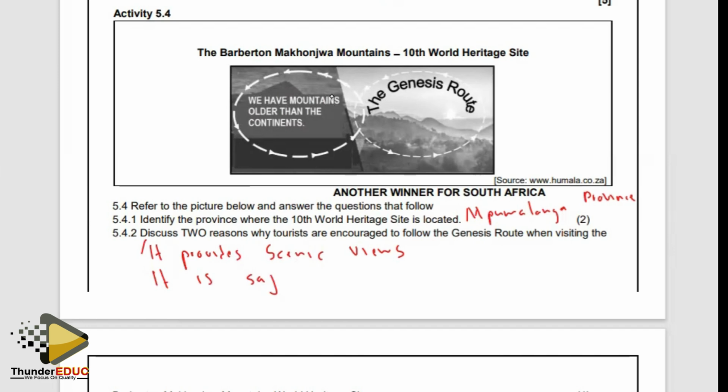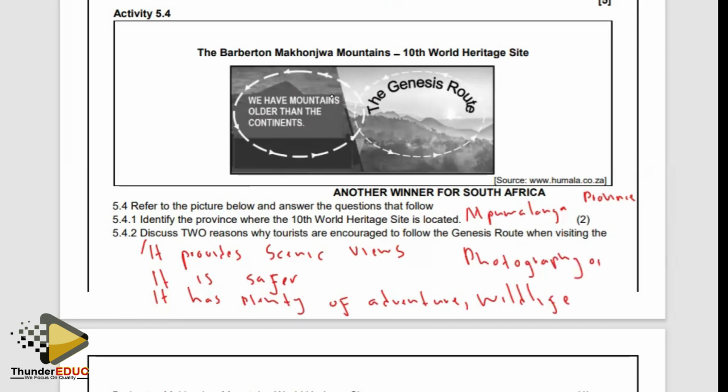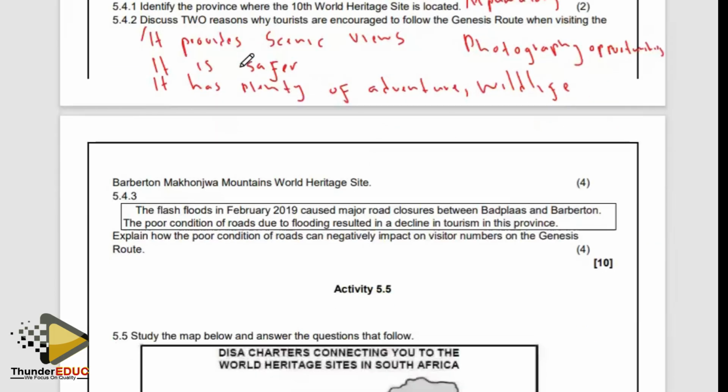It has plenty of adventure. Then there's plenty of wildlife and opportunities for photography. So these are some of the reasons why it is of importance.